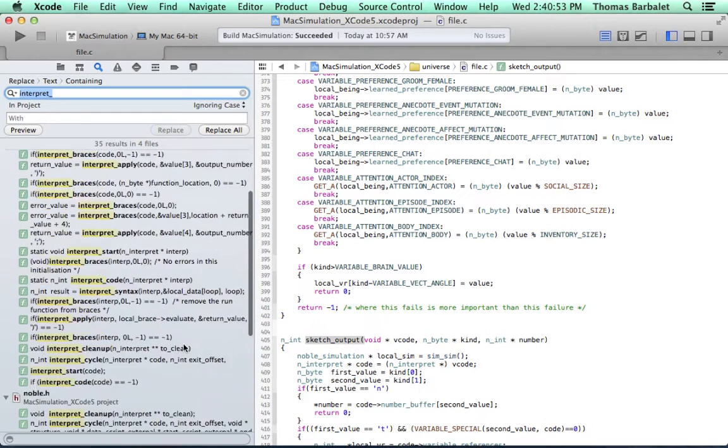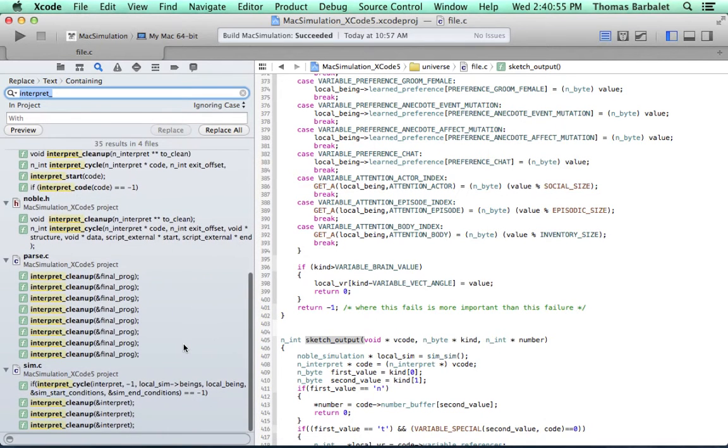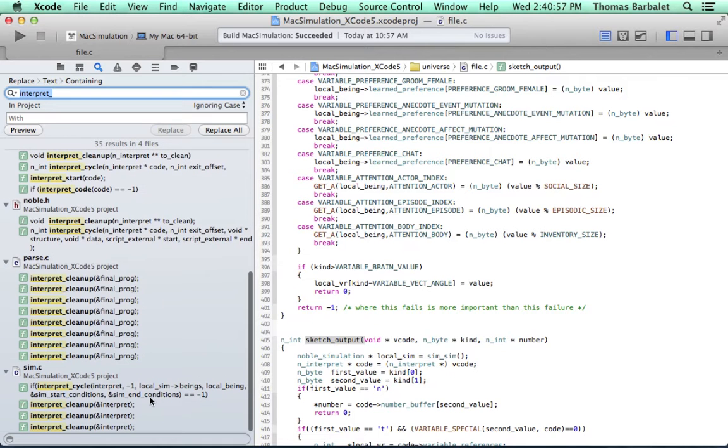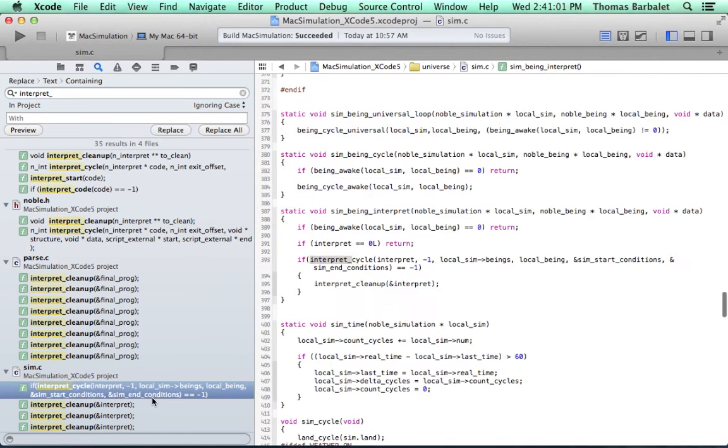So, as it is called, however, we interpret, cycle, interpret.